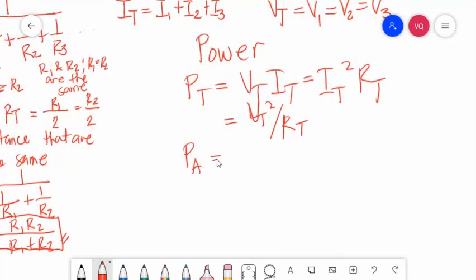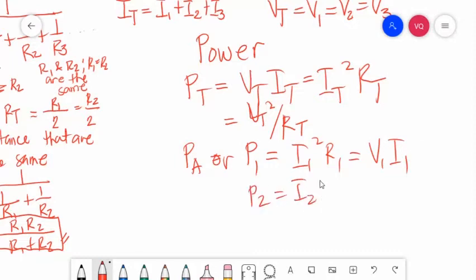So, if you want to know the power of resistor 1, P1 is I1 squared R1, or V1 I1. P2 is I2 squared R2, right? Equal to V2 I2. And so on and so forth.